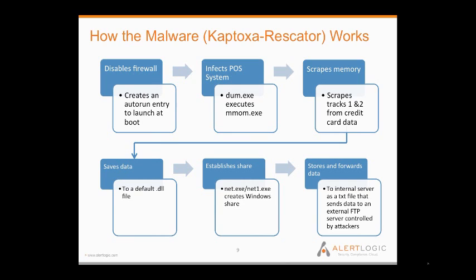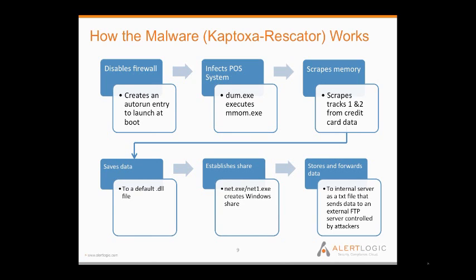It creates 2 files, dum.exe and mm.exe. Actually, it creates either of those files, or the two different names. And from that point, they scrape tracks 1 and 2 from the credit card data. And those tracks involve the credit card numbers, the CVV, sometimes also the PIN number. Then it saves the data to a default, but also a fake .dll file.